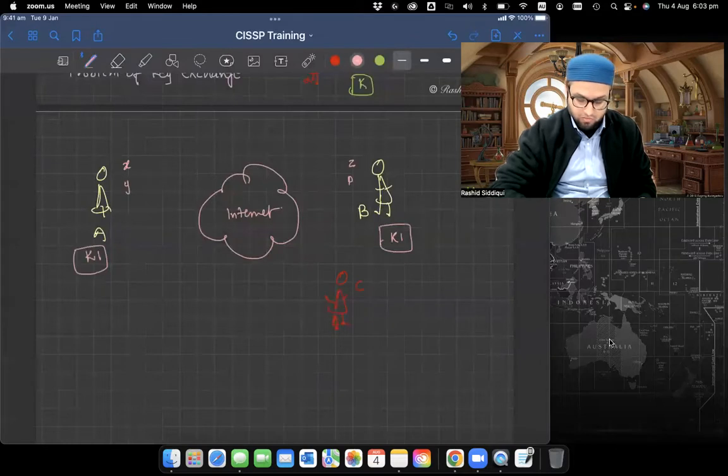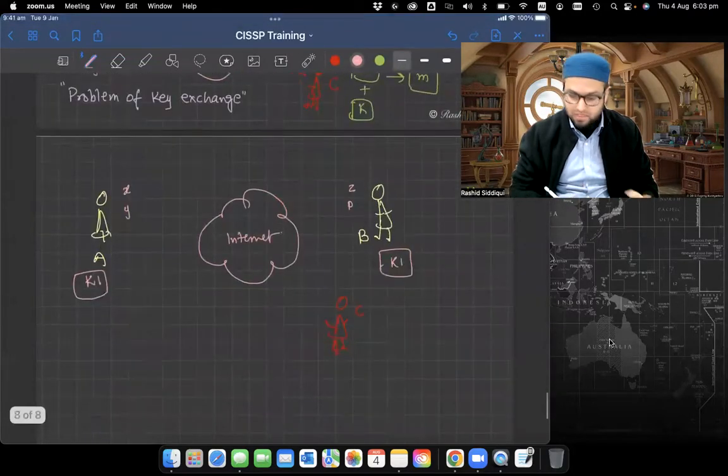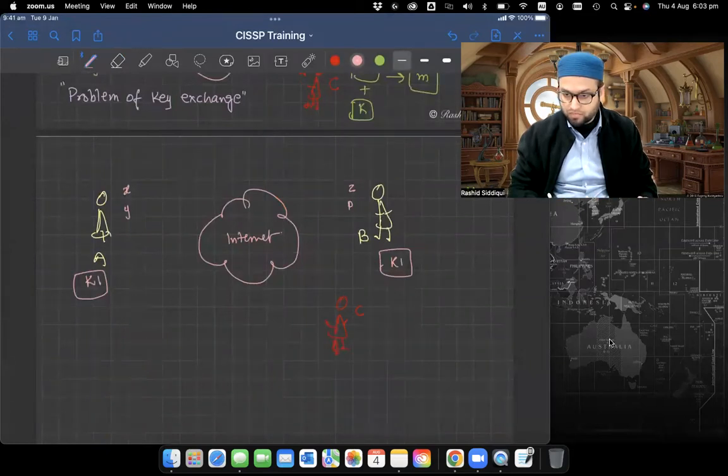But this key will not be visible to the attacker C. And how it happens, it's mathematics based on the modulus operation. I won't go into that detail to avoid making it more complex, but at this stage, you just remember that the same key is generated at both sides, but C can't intercept that key.